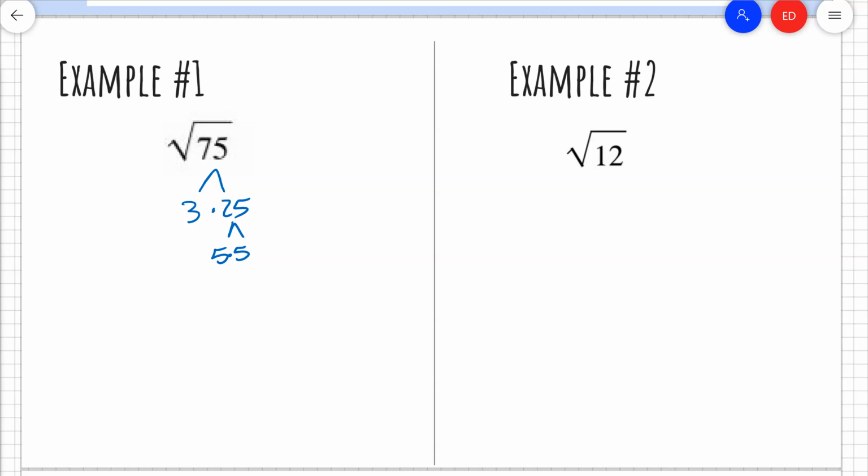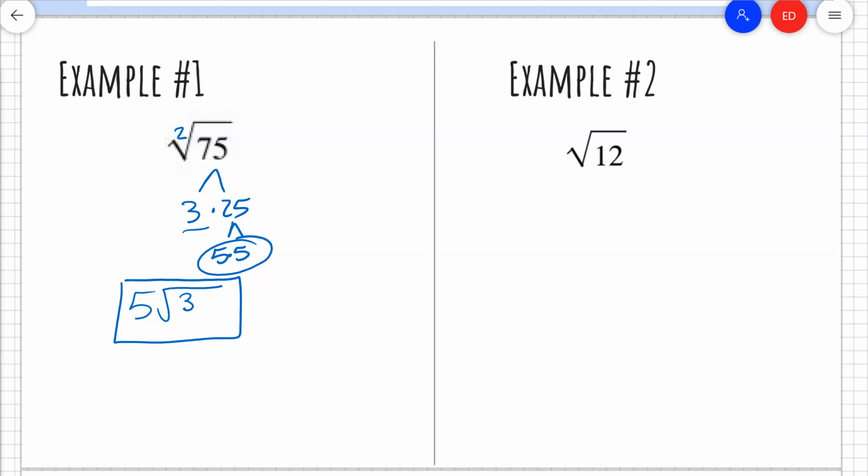All right, so if it's a square root, the index is 2. So we need groups of 2 numbers that are the same. And that's going to give us 5 times 5. So the 5 is going to go on the outside of the radical, and the 3, because it's left, does not have another 3 to come out, so we have to leave that inside the radicand. So this is our simplified radical form, and we're done.